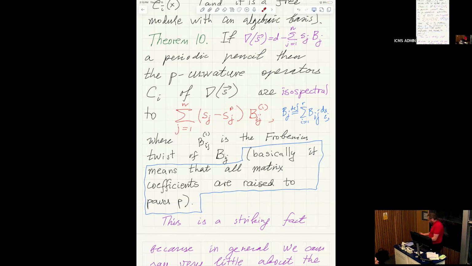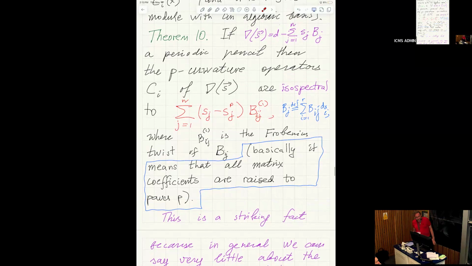So it's not surprising that it gives you this Frobenius twist, which is isospectral to b to the p. But what it says is that the WKB approximation is almost exact. It becomes exact if you replace s to the p by s to the p minus s for these pencils. And nothing like that holds for a generic differential equation. Here, isospectral means they have the same eigenvalues, the same joint eigenvalues.